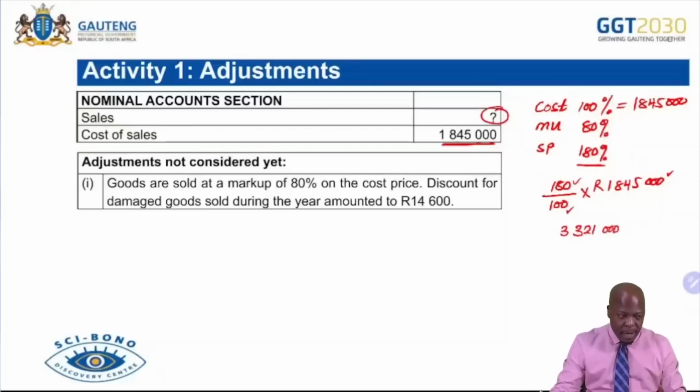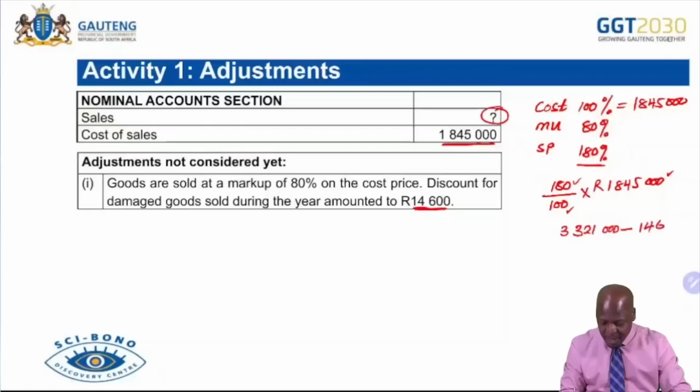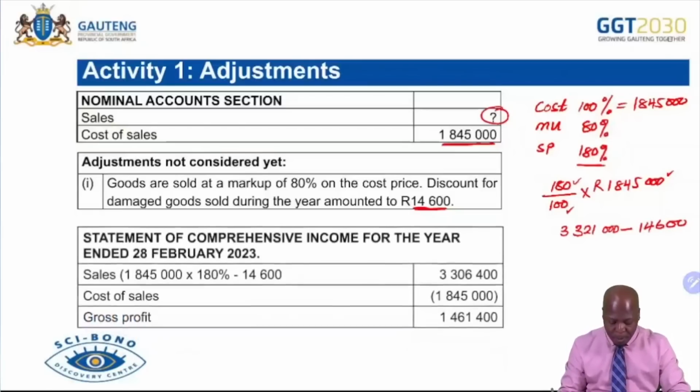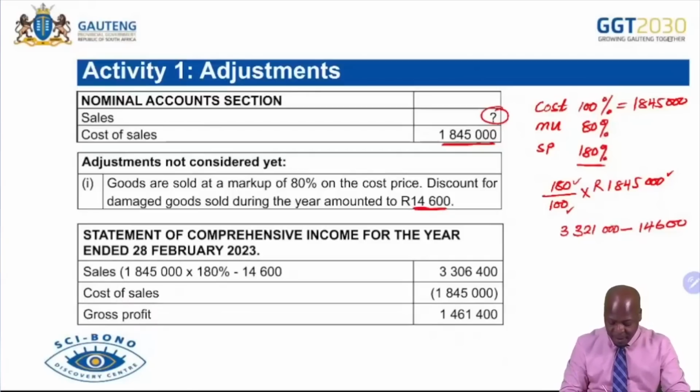But remember, this is the amount before we have given this discount for the damaged goods. It therefore means if I'm to get my sales after, I'll say minus the 14,600. This is what it will look like when you prepare your statement of comprehensive income.